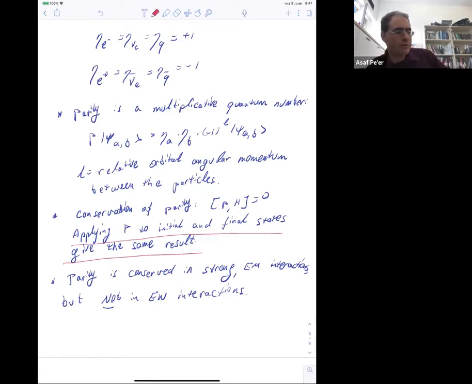So going back to your question, the wave functions are defined over all space, and the parity is just reversing the space, essentially.